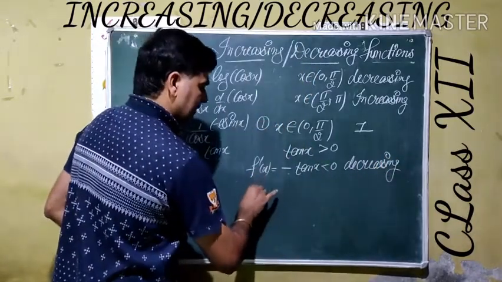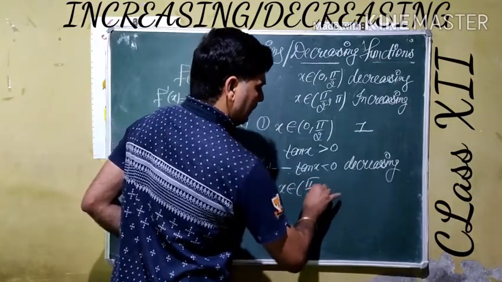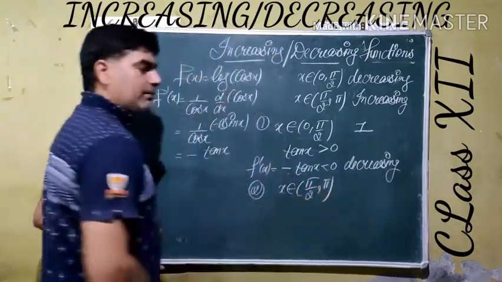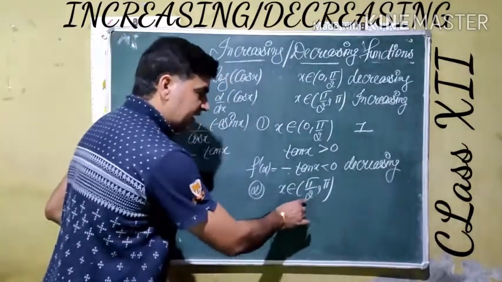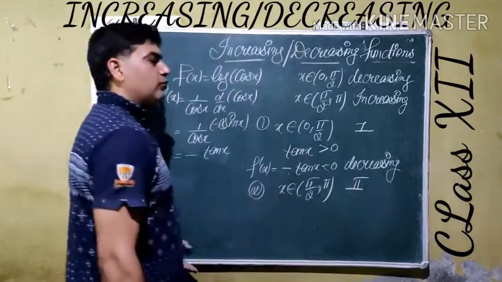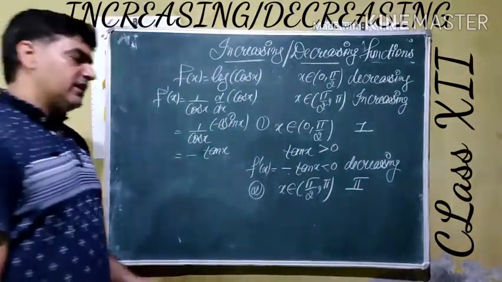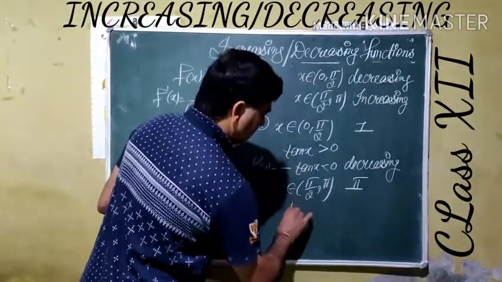And the second case, x belongs to pi by 2 to pi. Here pi means 180, so 180 divided by 2, 90 to 180, means it lies in the second quadrant. As we know, in the second quadrant, sin theta and its reciprocal cosecant theta are positive, and tangent theta is negative.